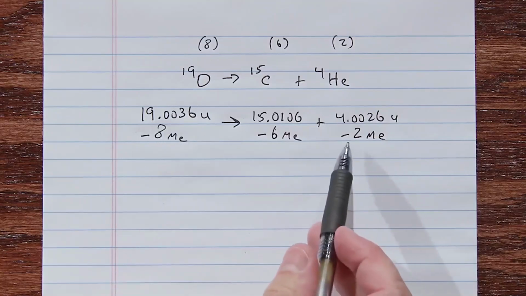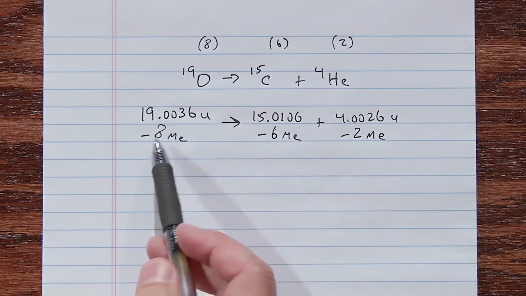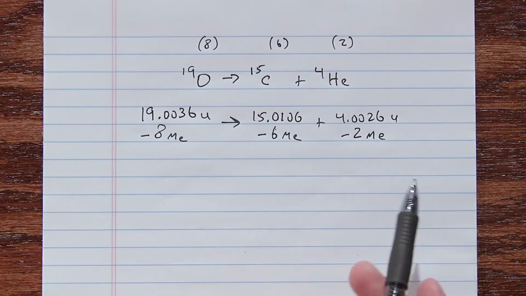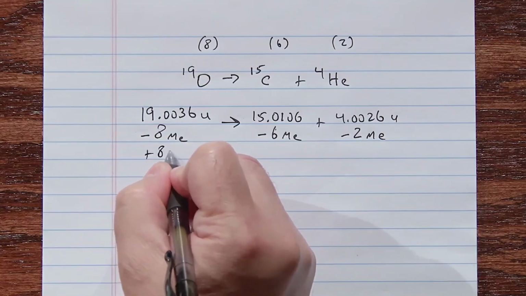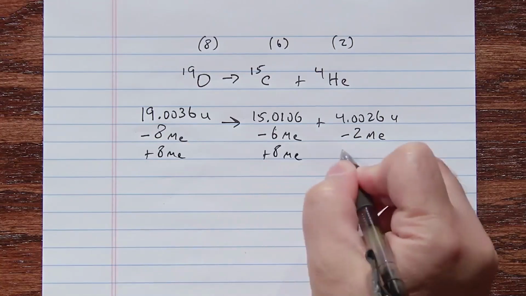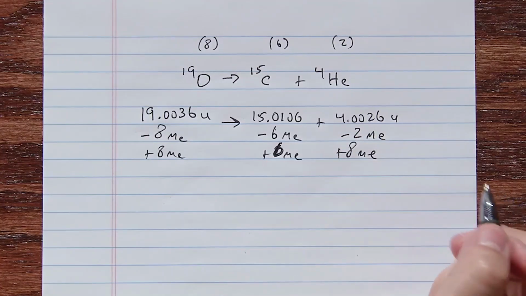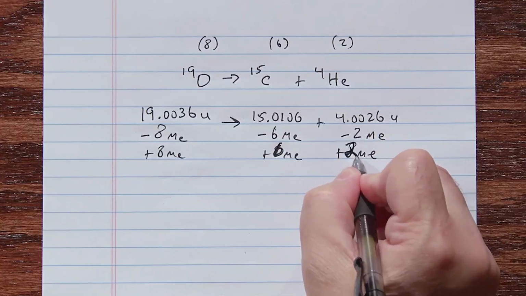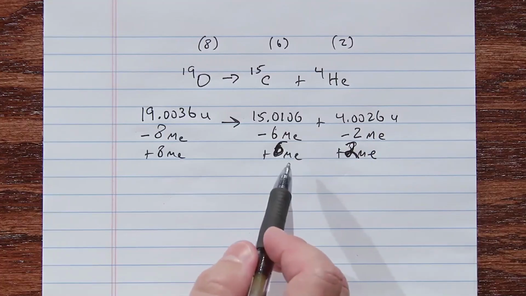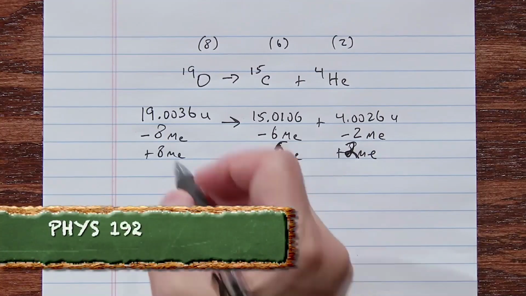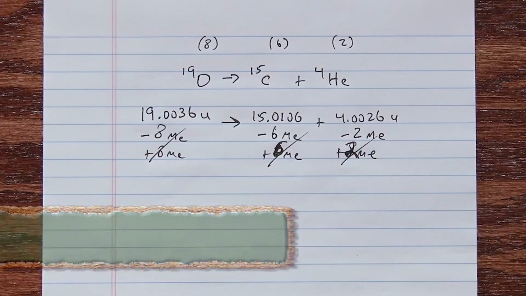Once again, you can see that we're subtracting the same thing from both sides. So when we're comparing one side to the other, we don't need to worry about actually subtracting off the mass of the electrons. I can add the same thing to both sides: 8 times the mass of the electron on this side, and 6 here and 2 here, so that those cancel out for our consideration.